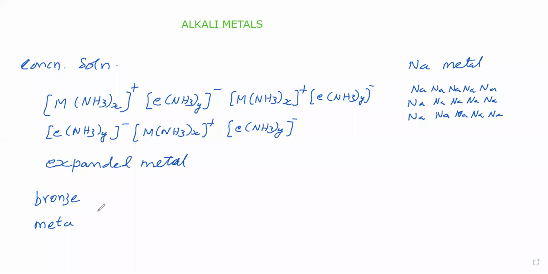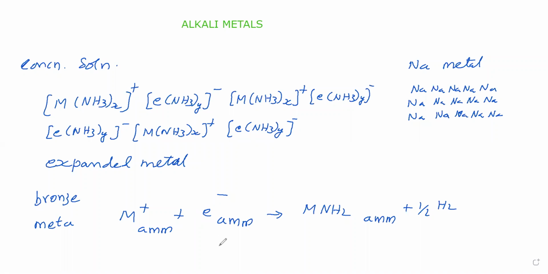Now this ammoniated metal ion we are taking, then this ammoniated electron we will consider. Now what happens is it converts into metal amide, and hydrogen gas is liberated. What reaction takes place?